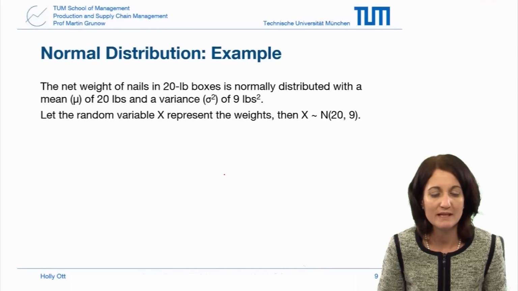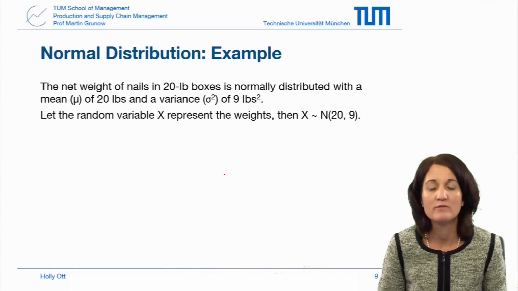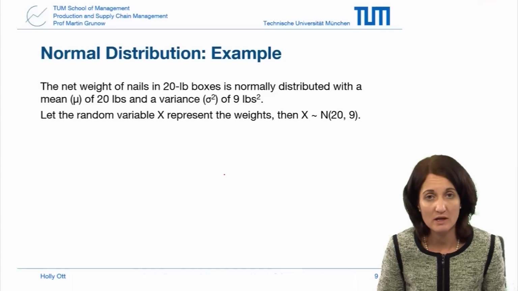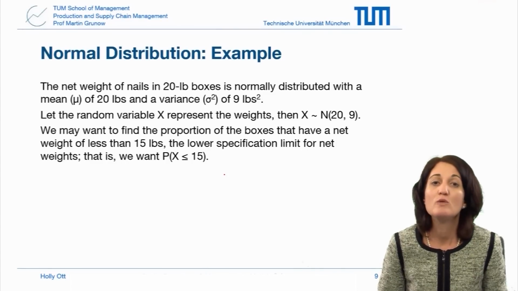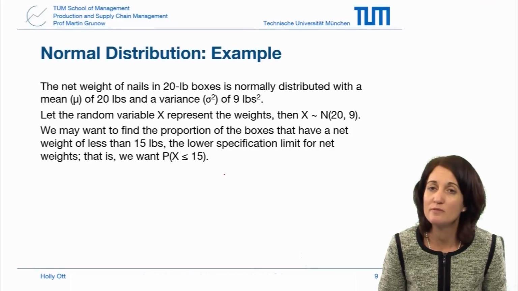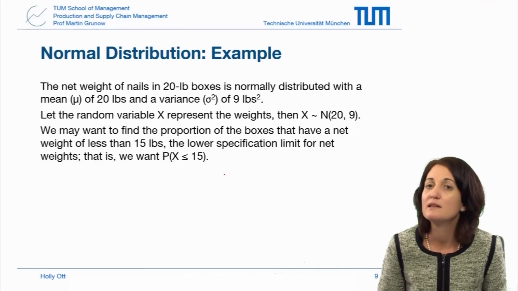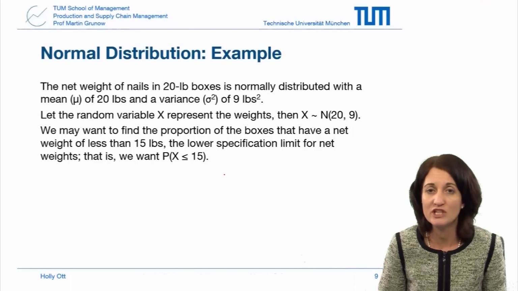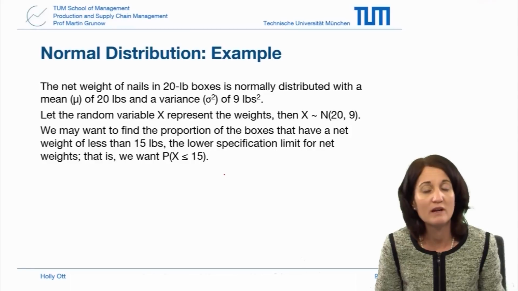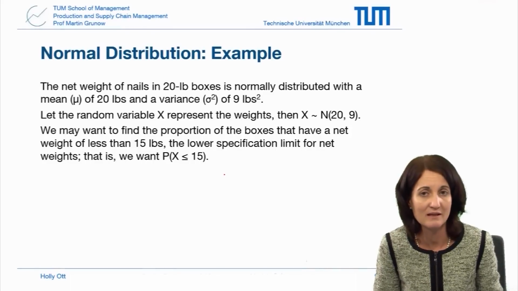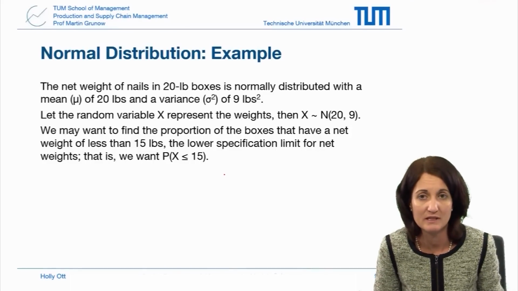So we let the random variable x represent the weight of a box. Now, we may want to find the proportion of the boxes that have a net weight less than 15 pounds. Let's say that's our lower specification limit for the net weights. We're not allowed to sell any boxes of nails that have less than 15 pounds in them.